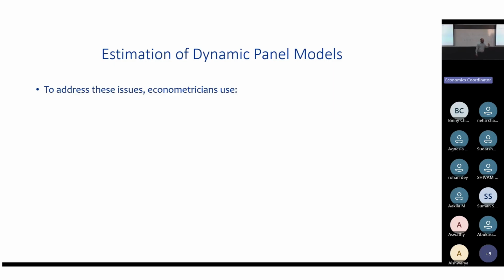If we are doing this dynamic panel using an OLS regression, bias arises, which leads to overestimation. The beta coefficient that you will get will be higher, because there is a positive correlation there.